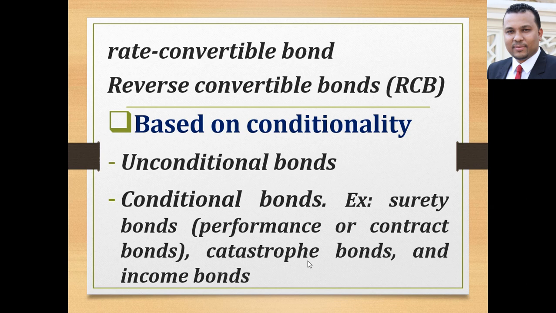So in this case, surety bonds involve a relationship between the insurance corporate and the bondholder, especially in the construction industry in the USA and UK, to ensure that the contractors will complete the project as specified in the contract.